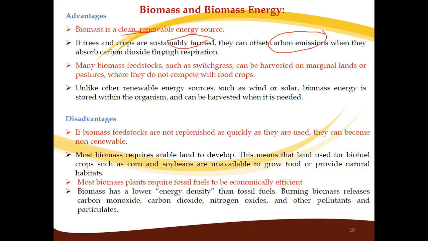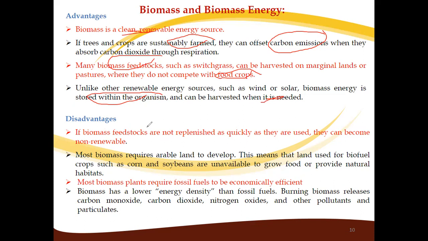Next, biomass feedstocks such as switchgrass can be harvested on marginal land or pastures where they do not compete with food crops. Unlike other renewable energy sources like wind and solar, biomass energy can be stored within the organism and used when it is needed. So these are some advantages.